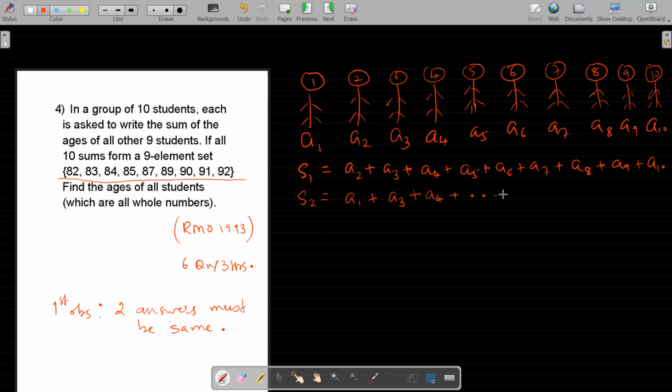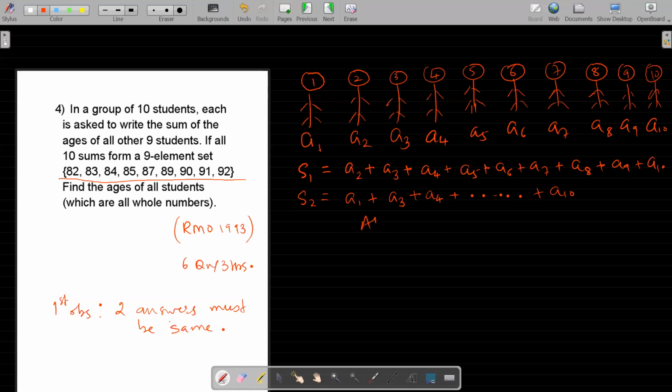Shall I say dot dot dot up to A10? Is the notation clear? Mathematicians write dot dot dot. Sir, it can also be like S2 is equal to S1 minus A2 plus A1. Very good.